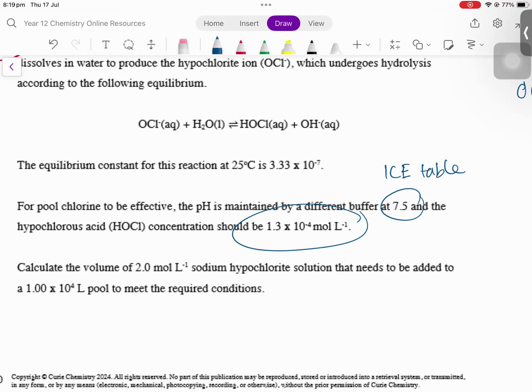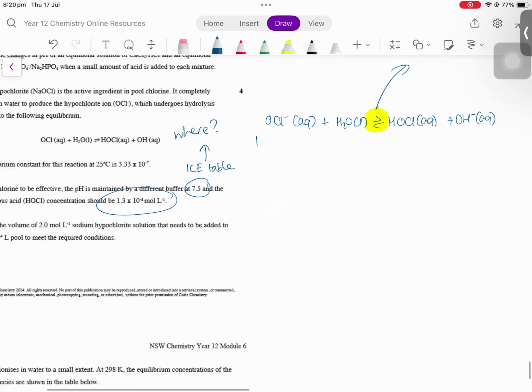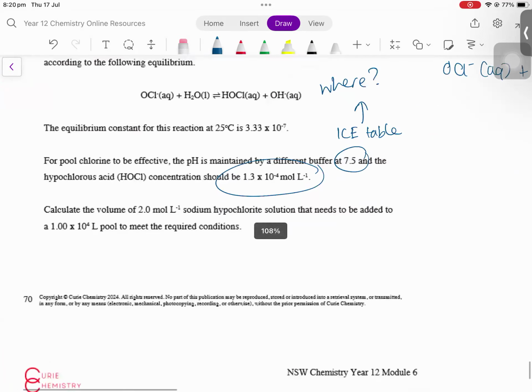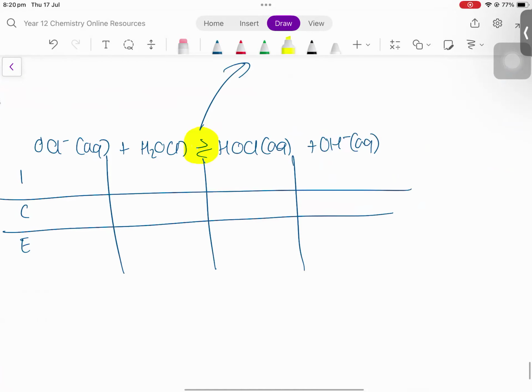Thinking about that is good, because what that triggers your brain to do next is figure out where it goes into the ICE table, because there's a few different spots that you can put these numbers into. Okay, so if we set this up, this is the reaction.